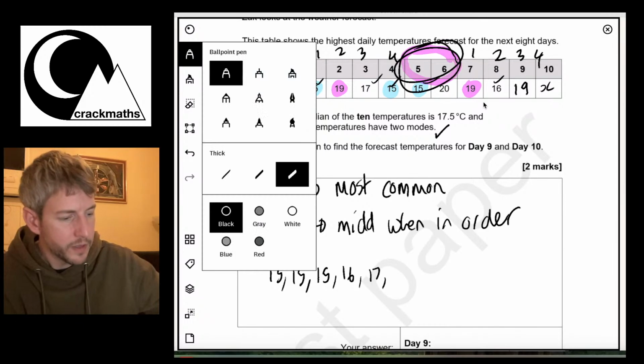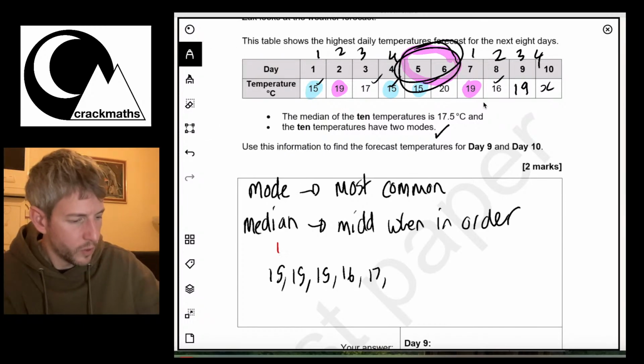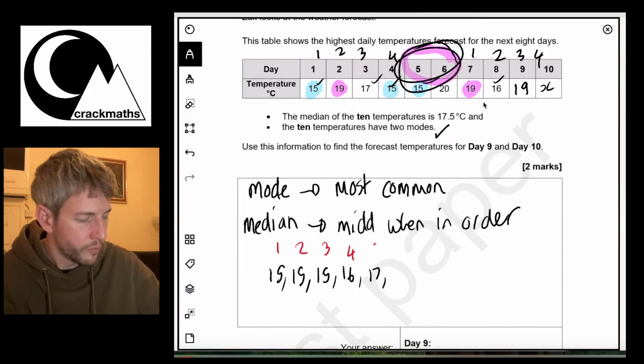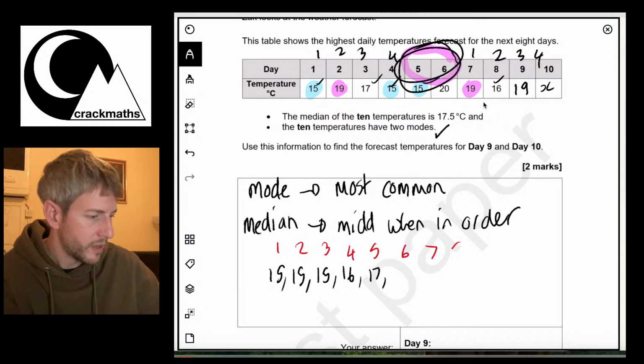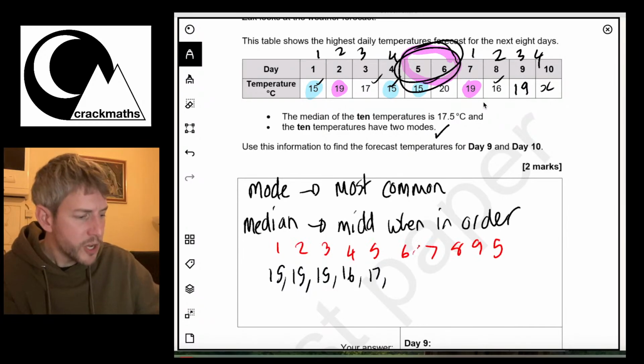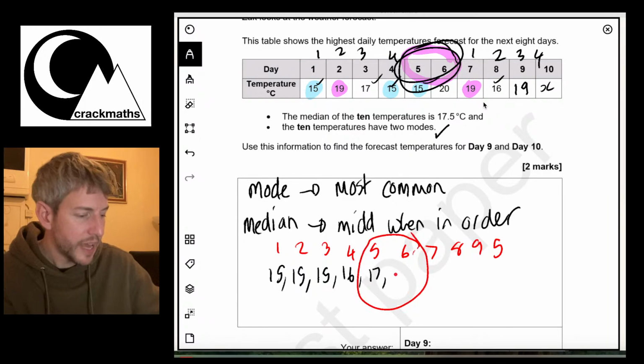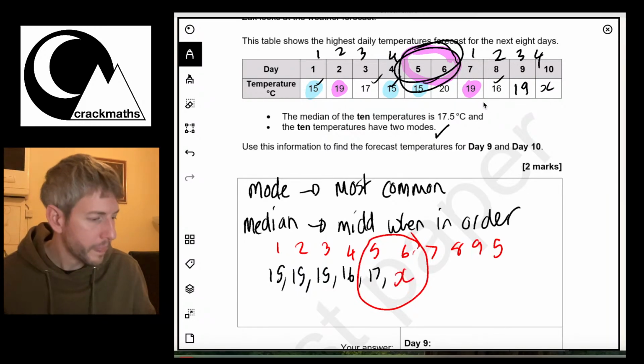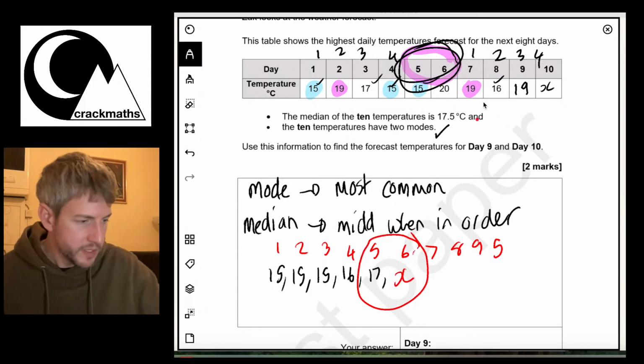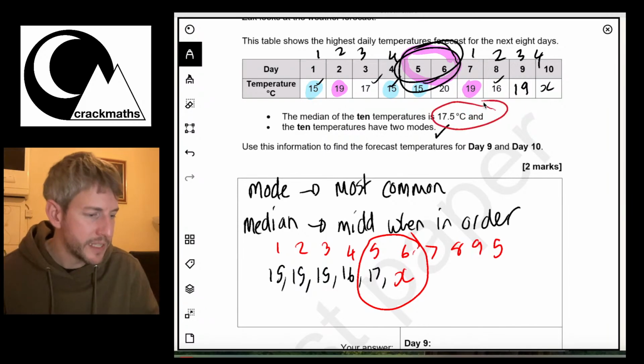So here, if I've got 1, 2, 3, 4, 5, 6, 7, 8, 9, 10. If there's 2 positions in the middle, this is the 17, this is going to have to be our other value here. Because the middle 2 numbers have to make a median of 17.5.